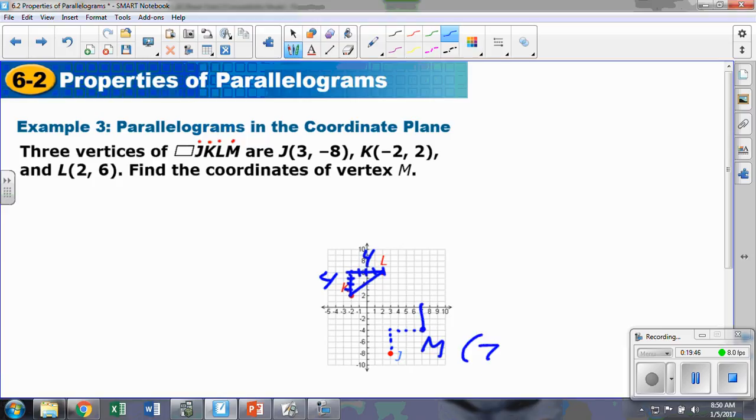That's 7 to the right. Down 4. Done. And this allows us to identify with certainty that is our parallelogram.